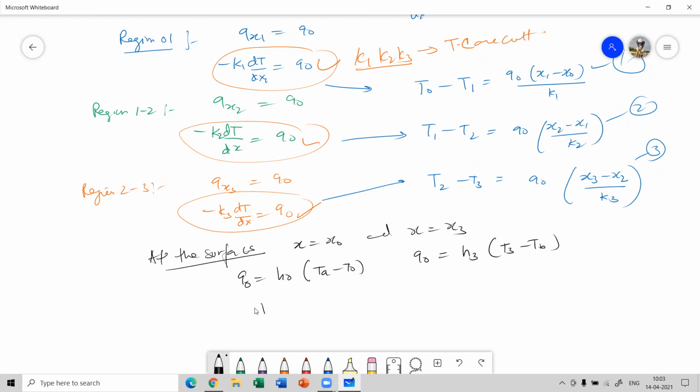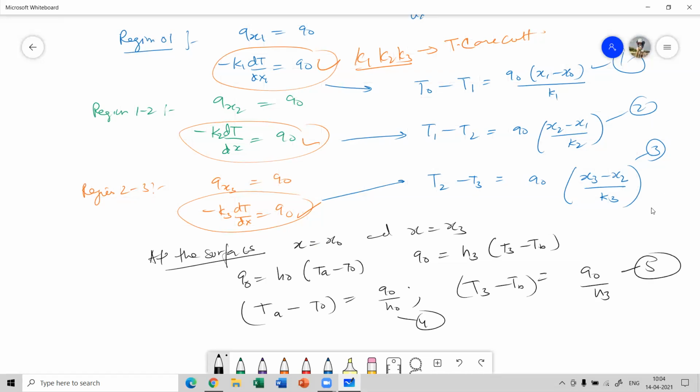So from here we have Ta minus T naught as Q naught by h naught, and T3 minus Tb is equal to Q naught by h3. Let's name these equation 4 and equation 5.